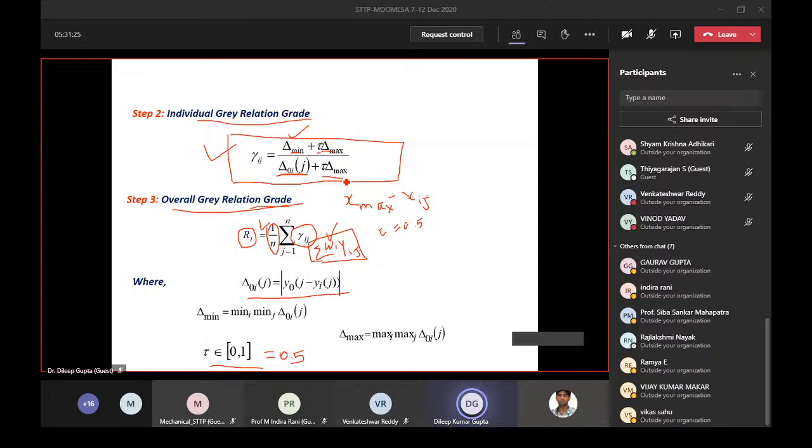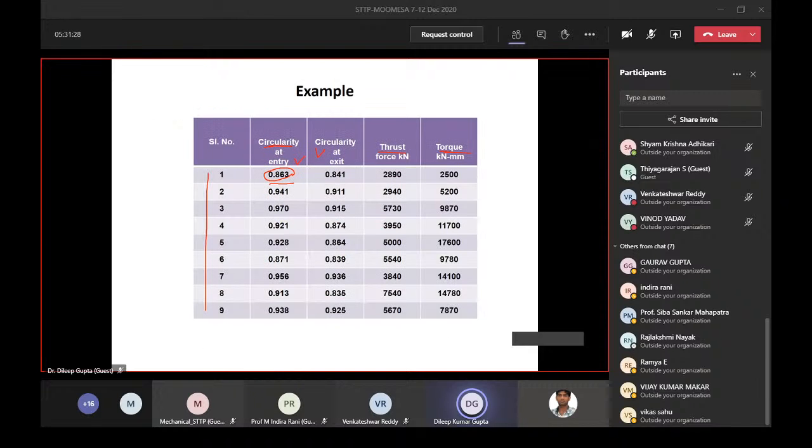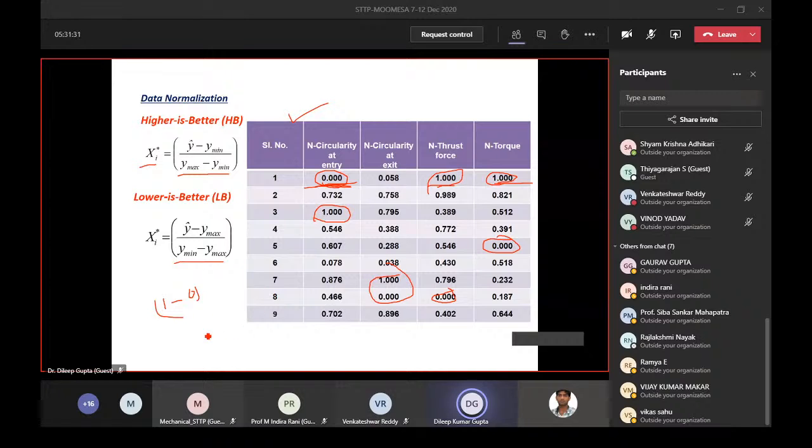If you write the full equation, you will get gamma ij equal to delta minimum, which is 0, plus tau 0.5 multiplied by delta max 1, divided by delta 0ij, which is 1 minus 0, plus tau 0.5 multiplied by delta max 1.